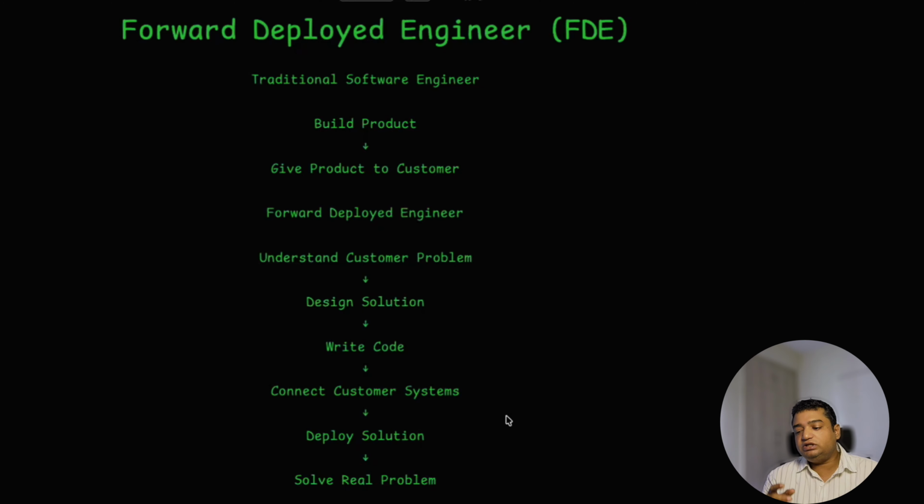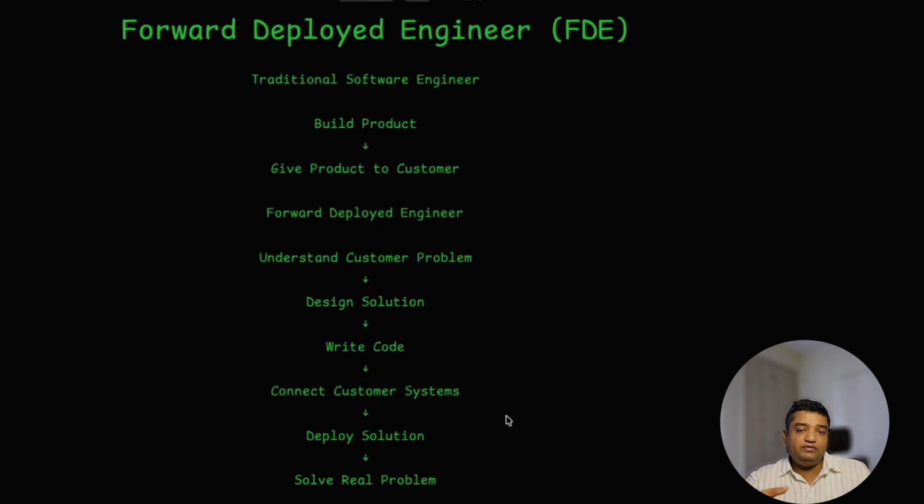If the AI solution is not able to bring profit to their business or add more advantage to the business, then there is no point in bringing AI into the business or the client system. So an FDE has to be very technical and very solution oriented, plus have domain knowledge also. When I say business problem, I mean domain knowledge. An FDE can be good at the insurance domain, banking domain, or retail domain.